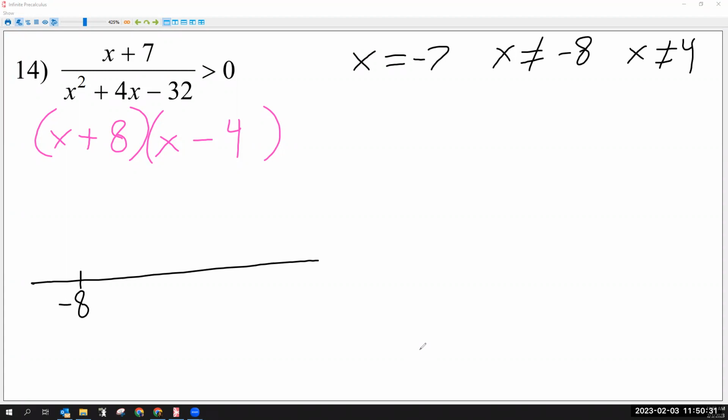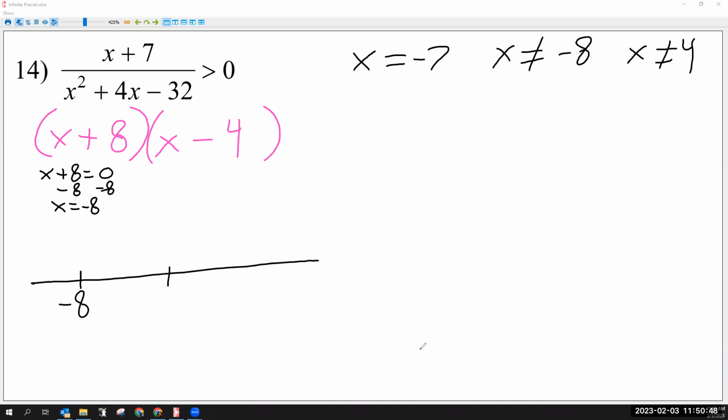Yeah, so the reason why I do the opposite is, remember, I'm saying each one of those equals 0. So I'd say x plus 8 equals 0. Subtract 8 from both sides, and I get x equals -8. So yeah, I'm really doing opposite signs for each of those.